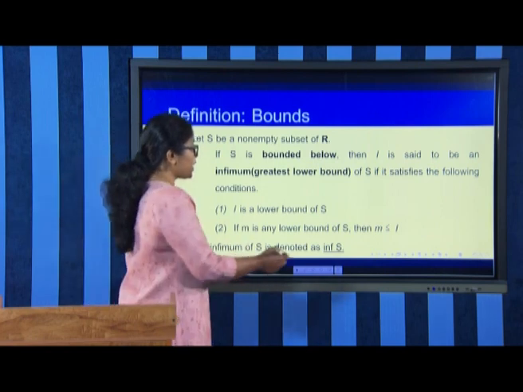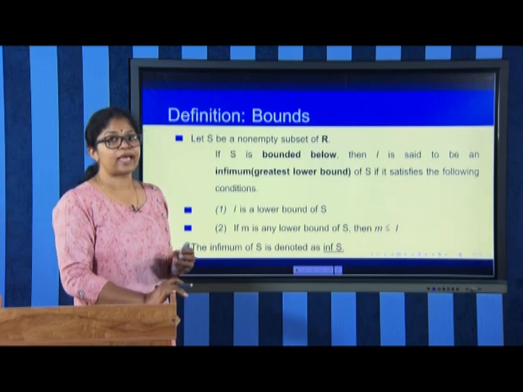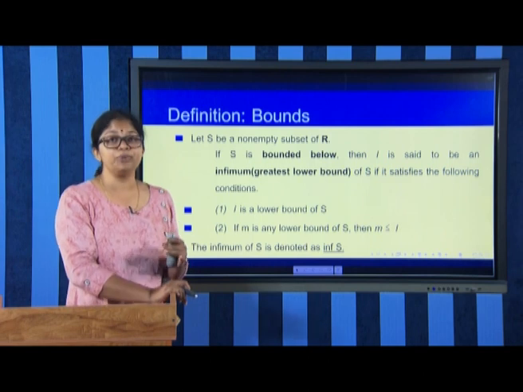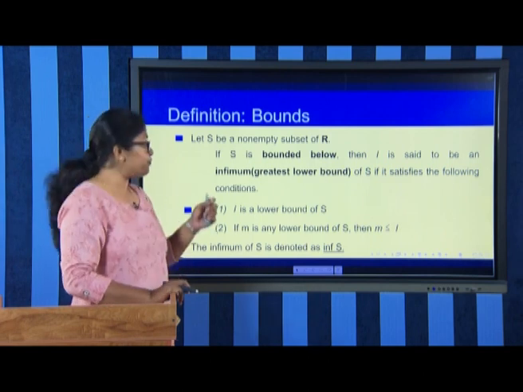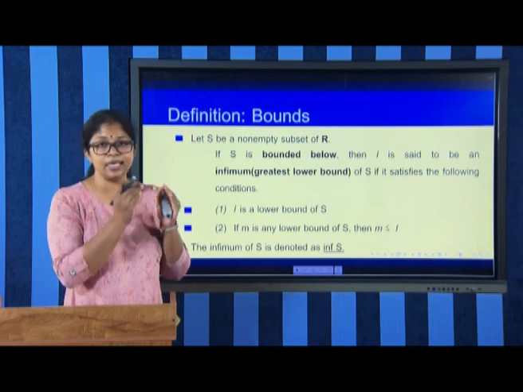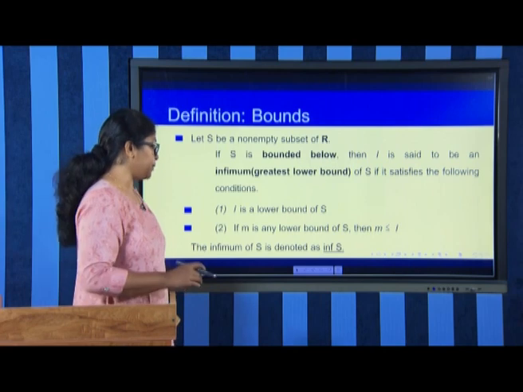So, now we can see that these two definitions, that means supremum of S and infimum of S that we have defined, they are unique. That means, if we have a set S and if that set S has a least upper bound, then that element will be unique.